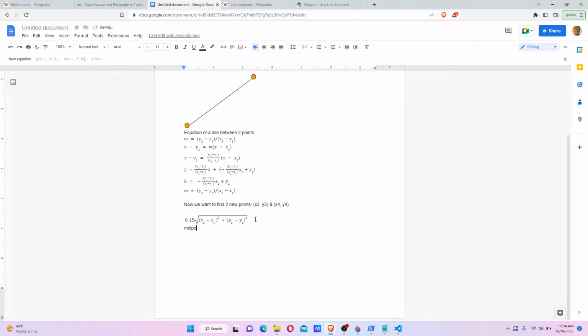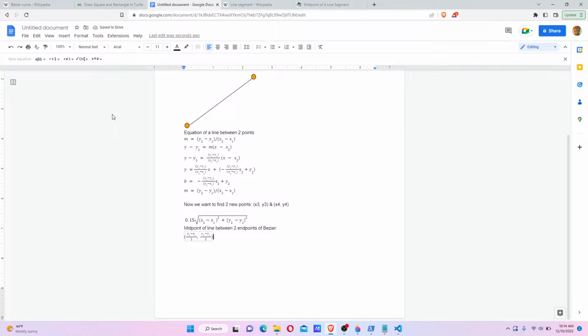So, midpoint of line between 2 points. The 2 endpoints of our Bezier could be defined as, put a new equation in, so we do x, a fraction, x2 minus x1, put that whole thing over 2, same thing with the y's here.